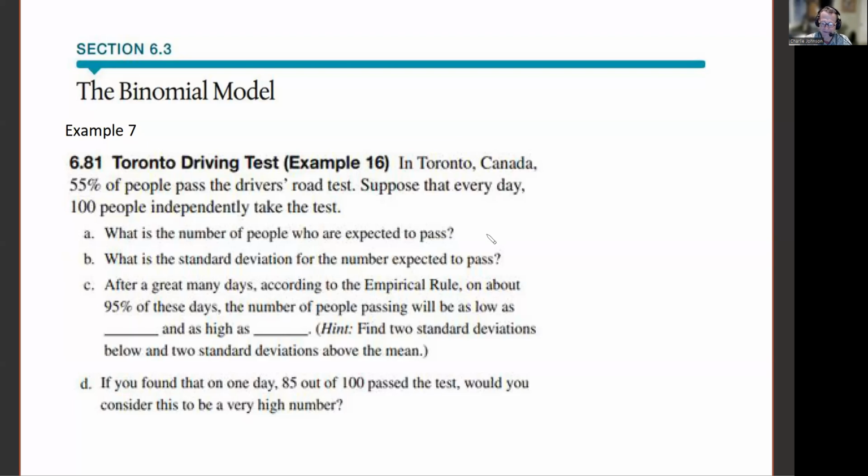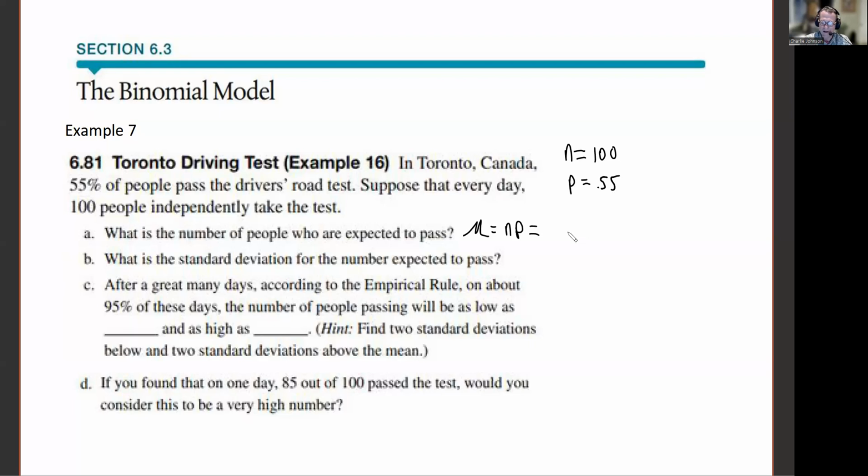So that's our expected value, which is mu, and that's given by n times p. Since 100 people independently take the test every day, the number of trials is 100, and the probability of success is 55% of people pass, so that's 0.55.